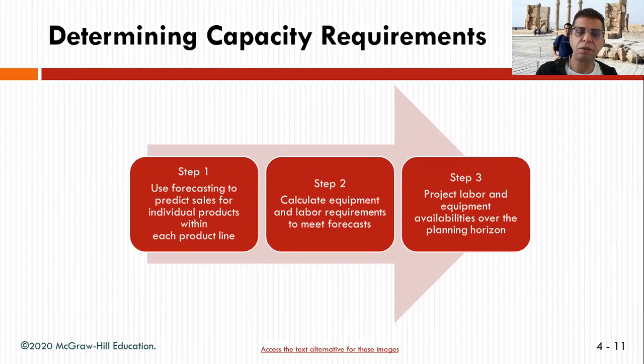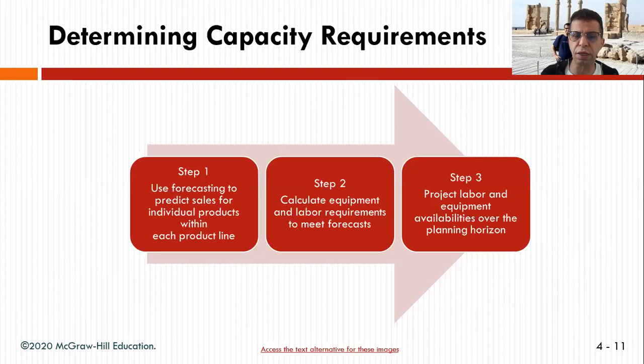In manufacturing, they need to determine the capacity requirement, and there are 3 steps. The first step is to use forecasting to predict the sales level, and usually salespeople will give you this forecast.